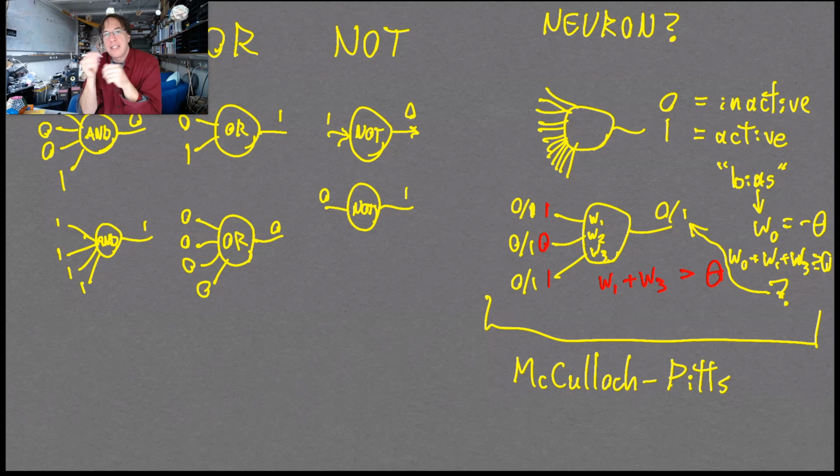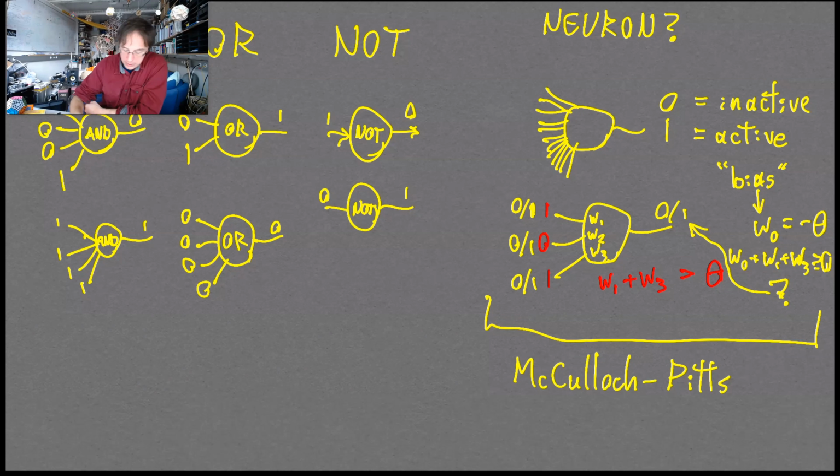But since then, pretty much everyone uses relative inhibition, and so in this model, we think of the weights as being positive or negative, and negative means it's inhibitory, and positive means it's excitatory. Because if W2 is negative, then if this presynaptic neuron would become active, and this would change to a 1, then we would have to add W2 into the sum, which is negative, so it would bring it down and make it less likely to reach the threshold.